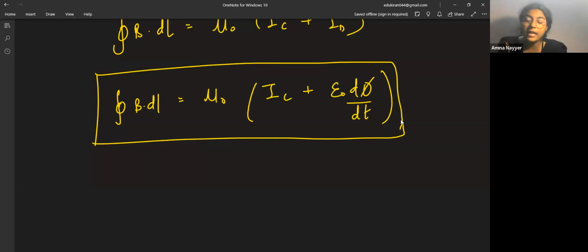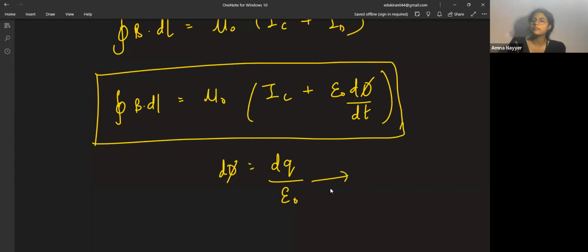All right, this is the entire one. Now see, how can you further modify it? The flux you can write as charge enclosed divided by epsilon naught. This is which law? Flux is equal to charge divided by epsilon naught.